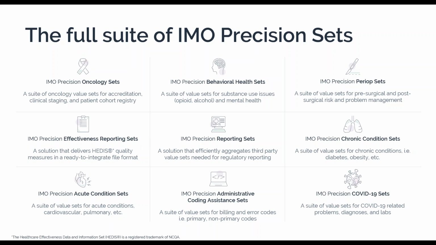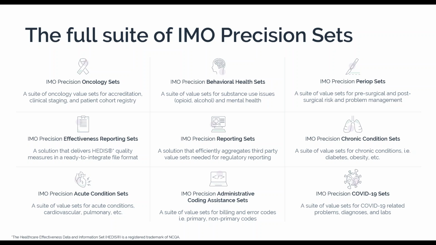The IMO Precision COVID-19 sets is one library in our IMO Precision Sets offering. IMO Precision Sets delivers a rich and constantly expanding library of use case-driven, clinically curated and maintained value sets, which allows organizations to find precise and granular information in the vast ocean of structured EHR data.